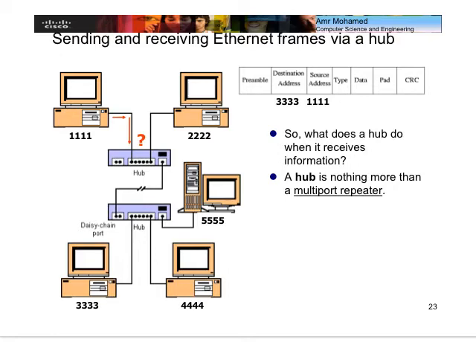It does not check any field inside the frame. All it does is that if we send a signal on a specific port, the hub will take the same signal in the analog domain, it will not convert it, and then it will replicate it on all other ports except the one it came from. That's it.